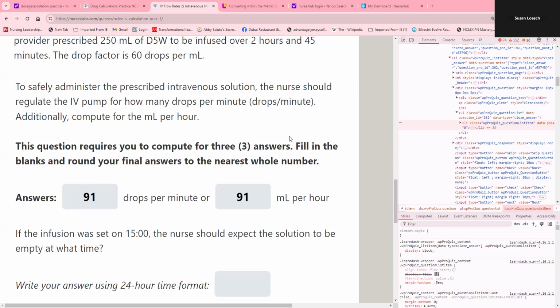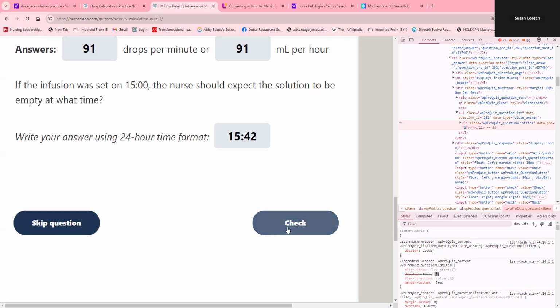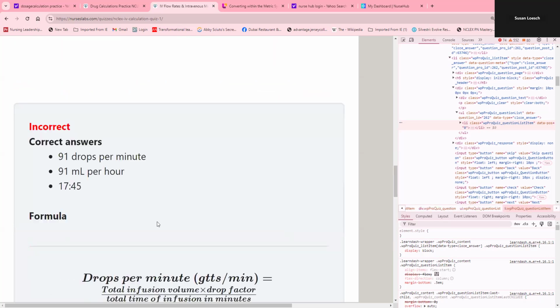So I'm going to put in the 1542. Let's see if they give us an answer of 1545. Let's see how they rounded it. So they gave us the 1745. So they took the whole end of the number.